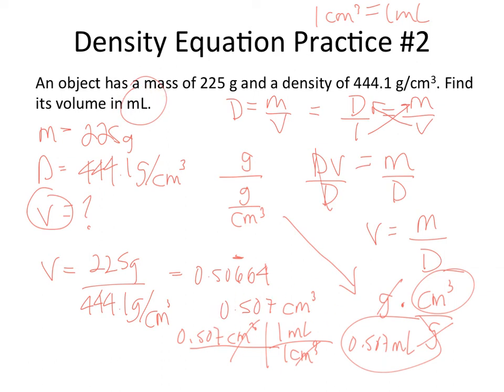However, the unit of volume that they want is the milliliter. 1 centimeter cubed is equal to 1 milliliter. That's something you guys just need to memorize. We show that conversion here and subsequently get our answer in milliliters. The same approach would be true if we were solving for mass. We would do the manipulation, get the mass value all by itself, and plug in and do our calculations.